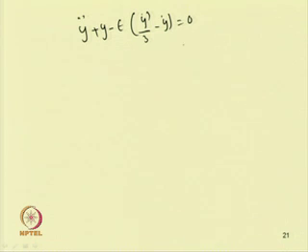So, for example, taking the van der Pol equation, that is y double dot plus y minus epsilon y dot into (y dot cubed by 3 minus y dot) equal to 0. This is the well known van der Pol equation.